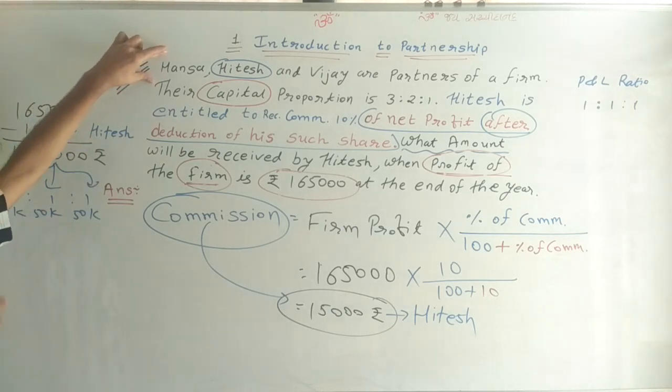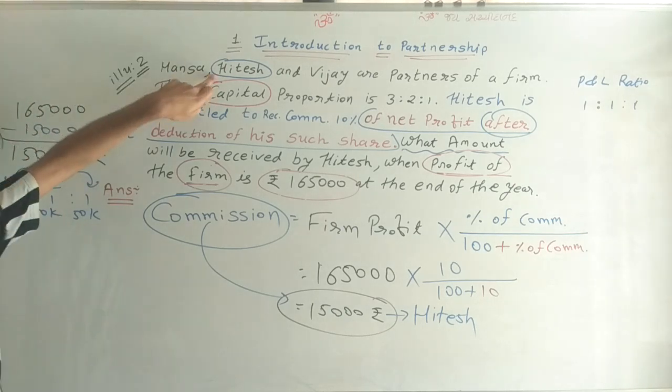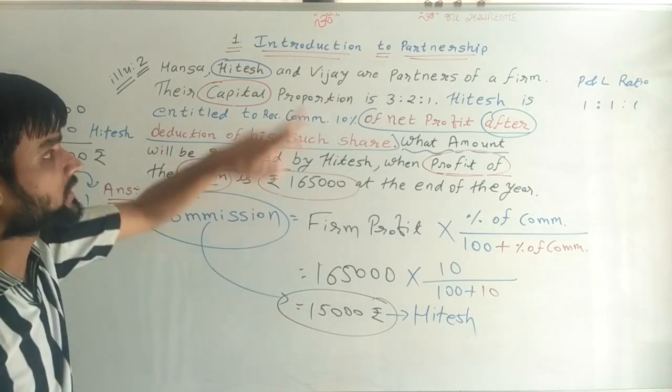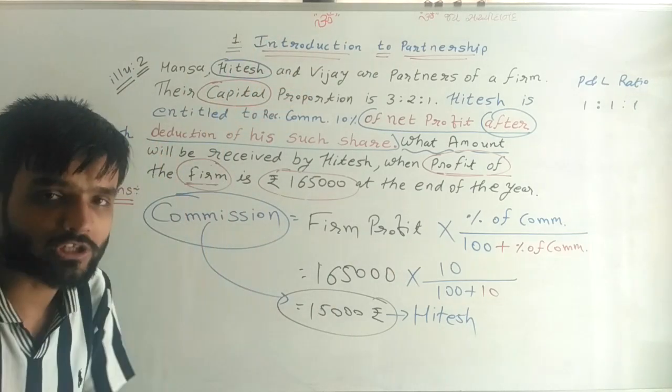Hansa will receive profit of 50,000. Hitesh will receive profit of 50,000. Vijay will receive 50,000.